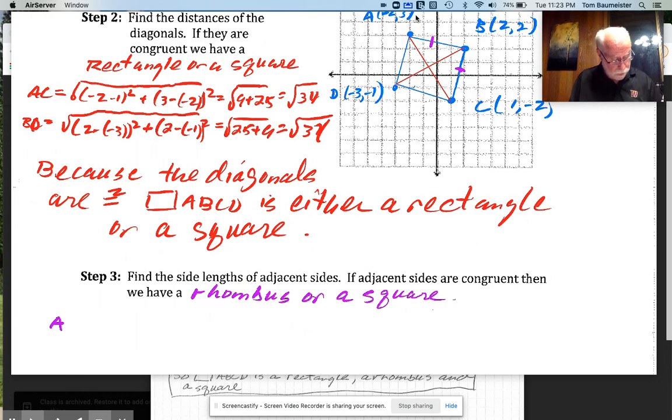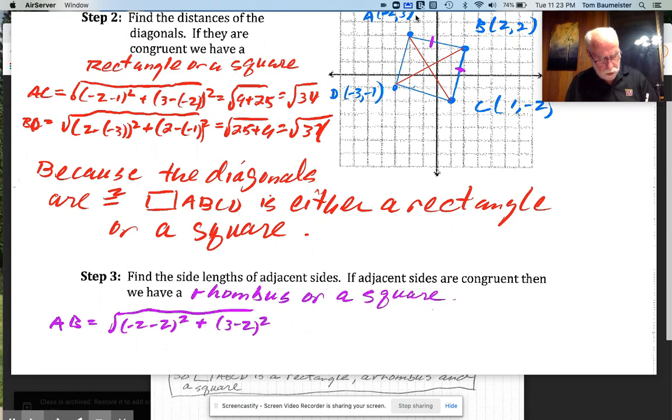So if I take AB, that'll be the square root of -2 minus 2 squared plus 3 minus 2 squared, which will give me the square root of 16 plus 1, which will give me the square root of 17.